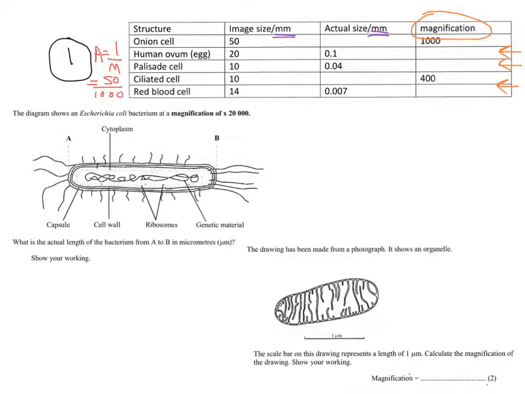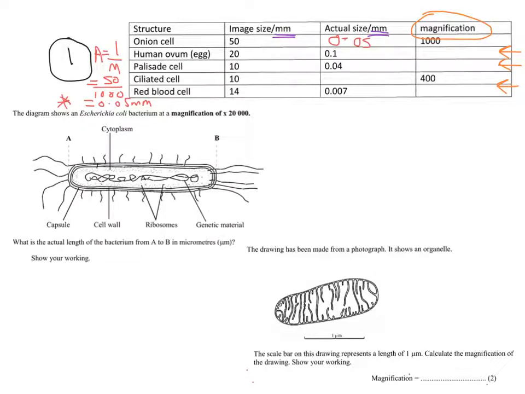So our answer would be, if we do that sum, 0.05 millimetres. Now that's really important. So over here I would write, if I were doing this separately, 0.05 millimetres. And that's really crucial that we write that in. But as I'm just filling in the table, I just need to write the value 0.05.